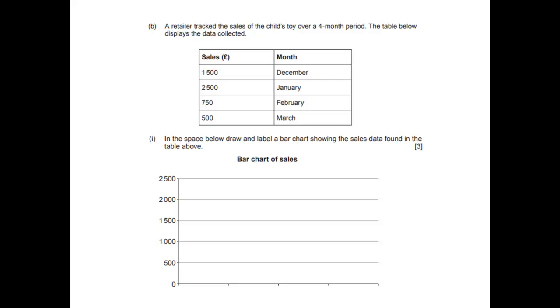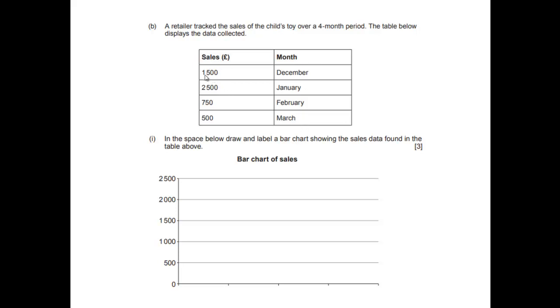So it says, B, a retailer tracked the sales of a child's toy over a 4-month period. The table below displays the data collected. So what we have is on one side the sales, and on the other side the month.